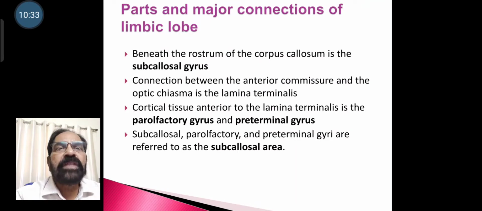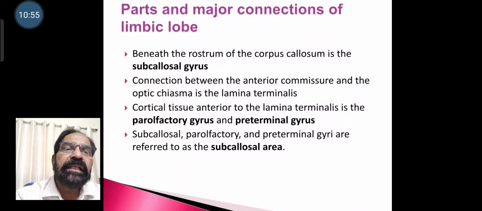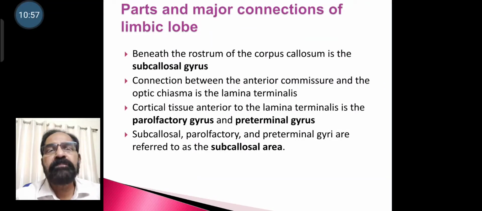Beneath the rostrum of the corpus callosum is the subcallosal gyrus. Connection between the anterior commissure and the optic chiasma is the lamina terminalis. Cortical tissue anterior to the lamina terminalis is the para-olfactory gyrus and pre-terminal gyrus. Subcallosal, para-olfactory, and pre-terminal gyri are referred to as subcallosal area.